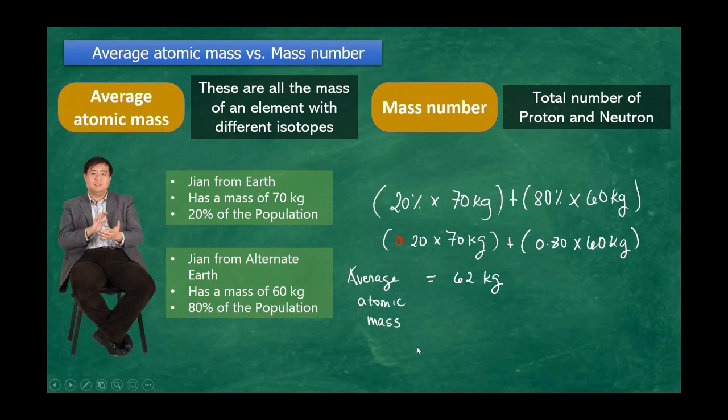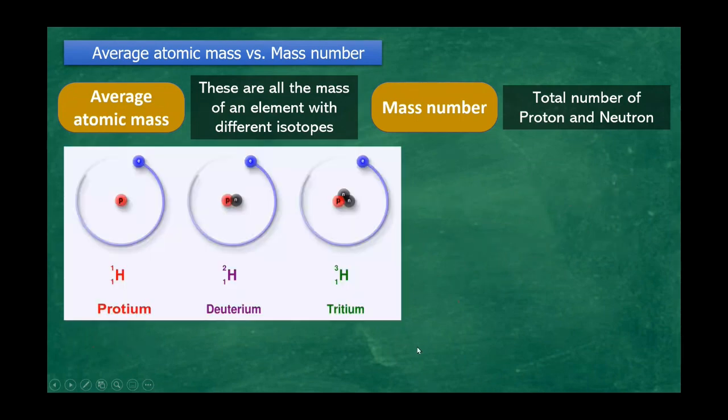Now let's go to the molecular level. At the molecular level, class, we have here 3 isotopes of hydrogen. As we know, isotopes of an element have the same number of protons and a different number of neutrons.